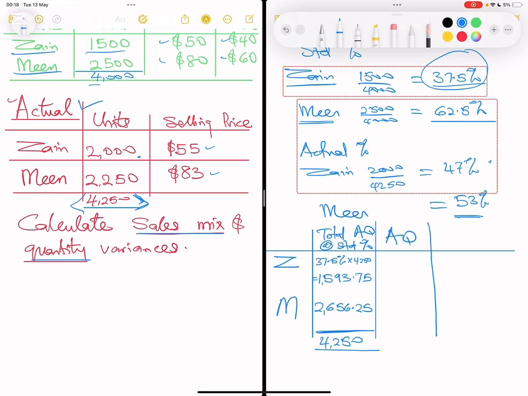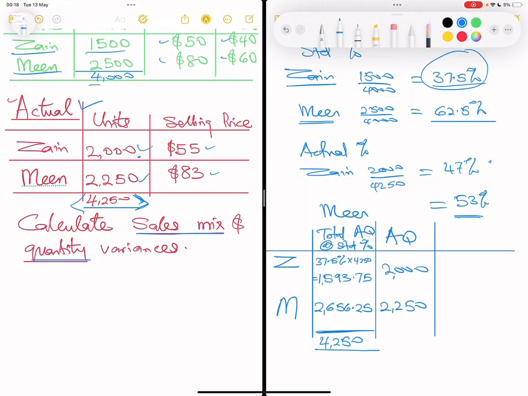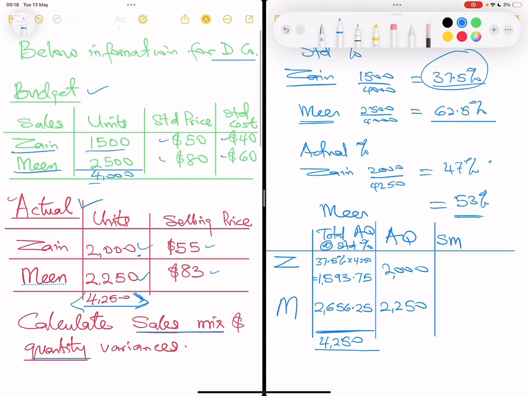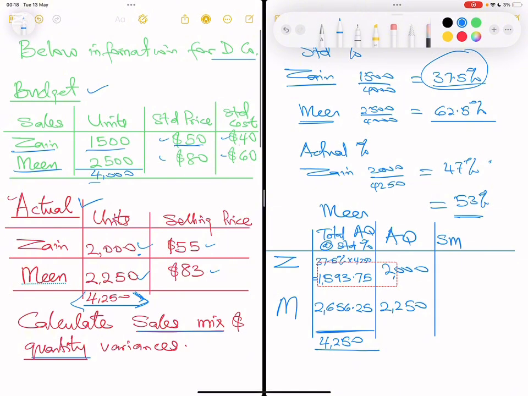And the actual quantity is 2,000 for Zen and 2,250 for Mean. We know we have to value at standard margin, which is the standard price of 50 minus the standard cost of 40, so 10 for Zen and 20 for Mean.